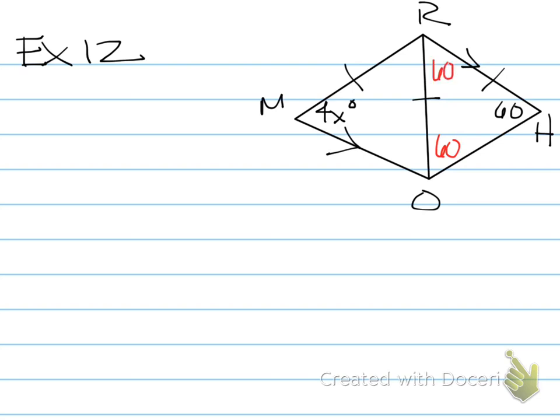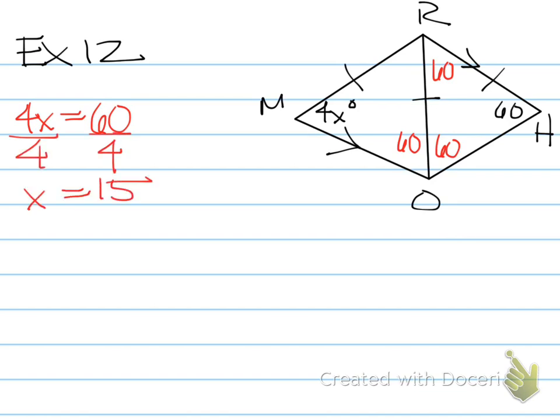And so that would make angle MOR congruent to angle HRO. Angle M and angle ROM would both be 60. So we set 4x equal to 60, divide both sides by 4, and x equals 15.